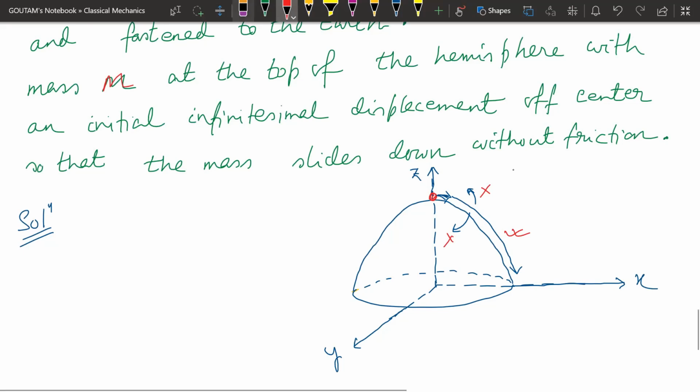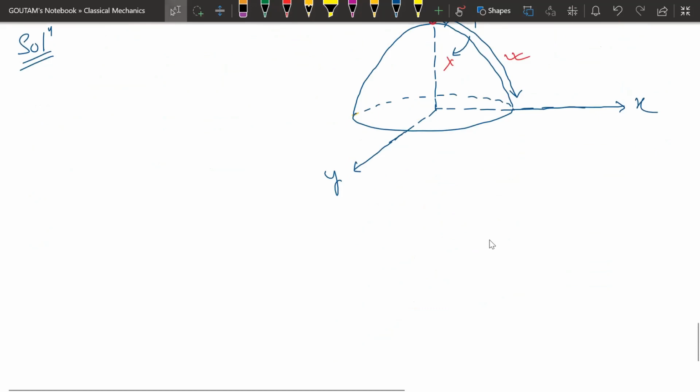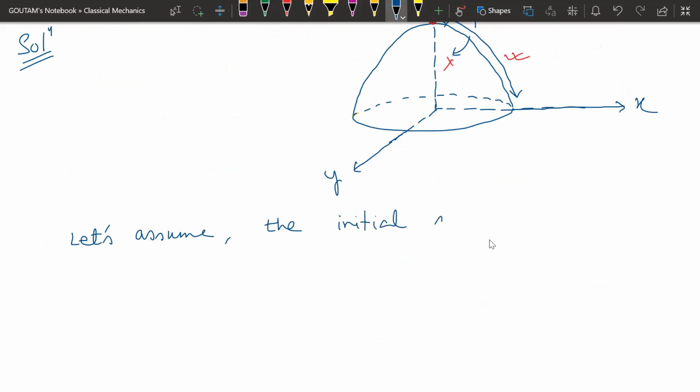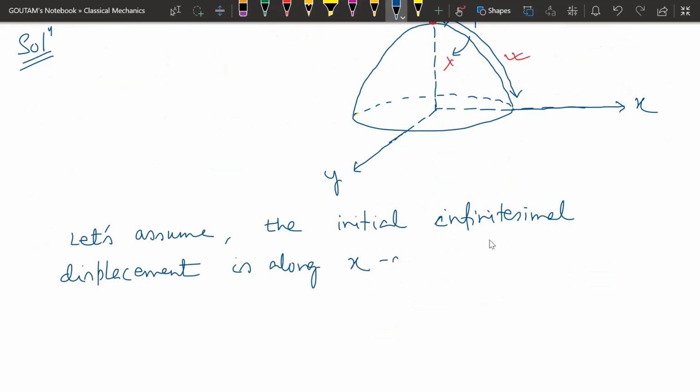So let's assume that the initial infinitesimal displacement is along the x-axis.